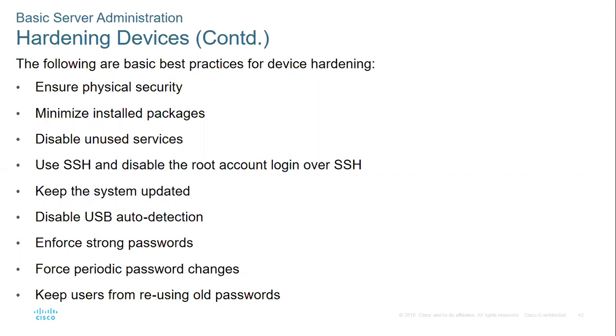Not everyone must have access to the server room. You make sure that you have CCTV. You can also have motion detectors there. You can also have maybe biometric systems, if someone wants to have access to the server.